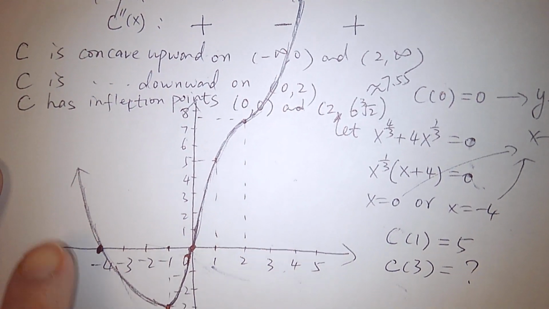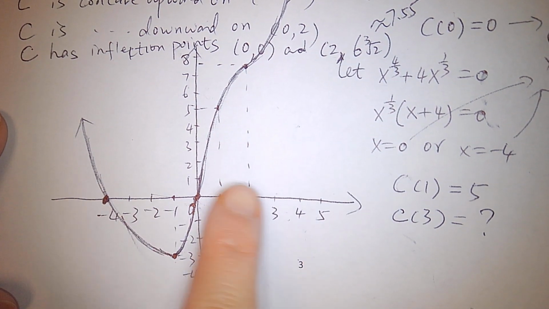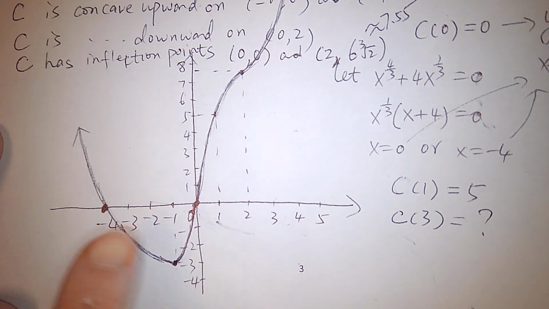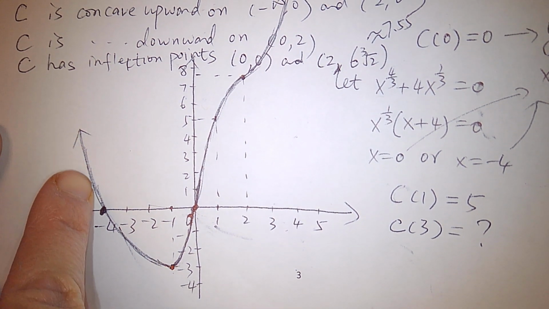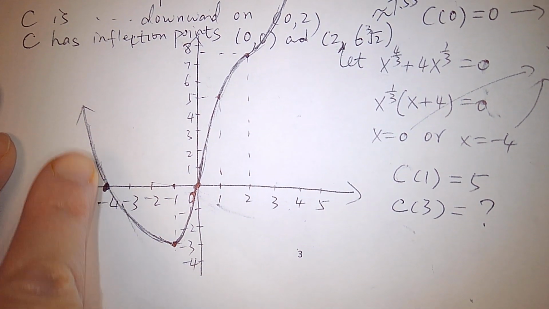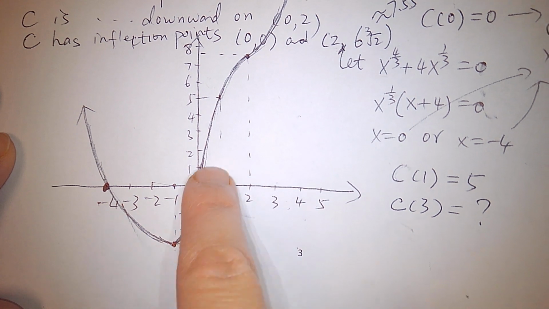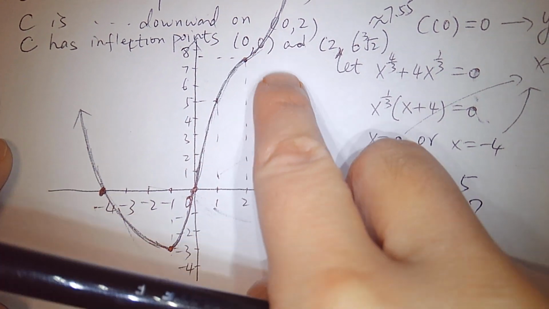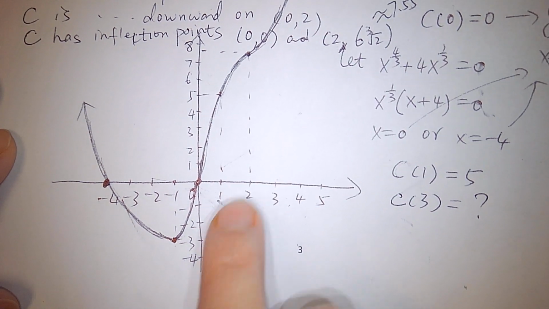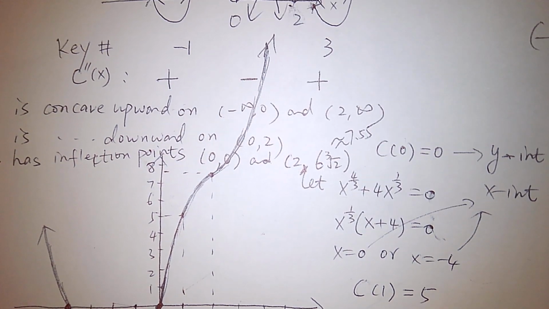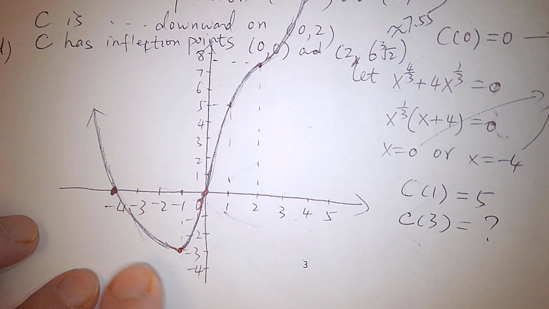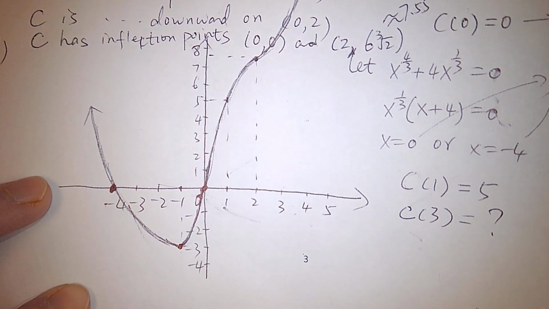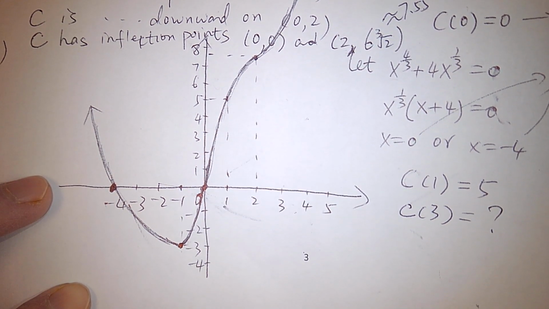And see, there's no limitation for x, right? So the domain for x is all numbers, and this satisfies all of these requirements: decreasing, increasing, concave upward, concave downward, concave upward. So it satisfies all of the conditions. So this is the final graph for the function c. You guys, that's good, everybody?